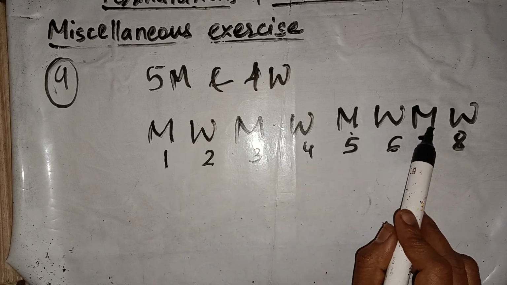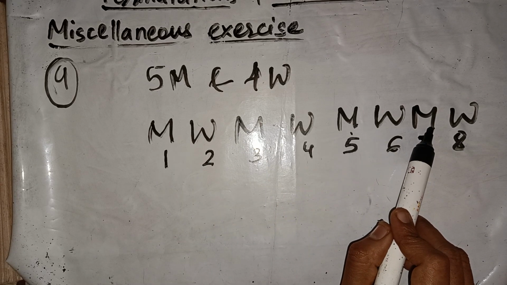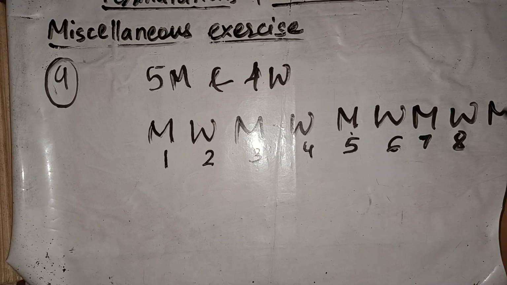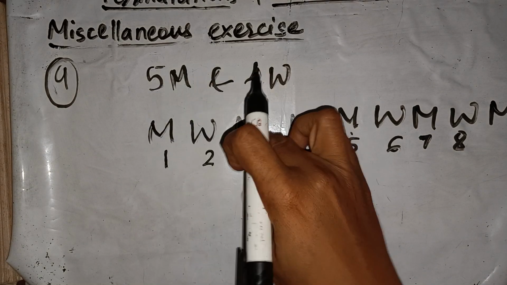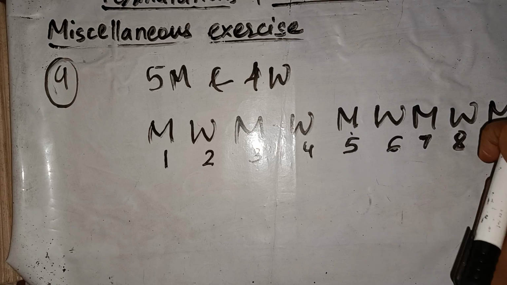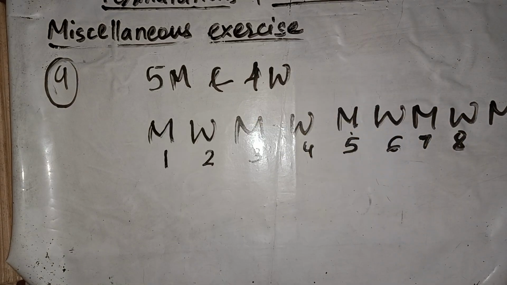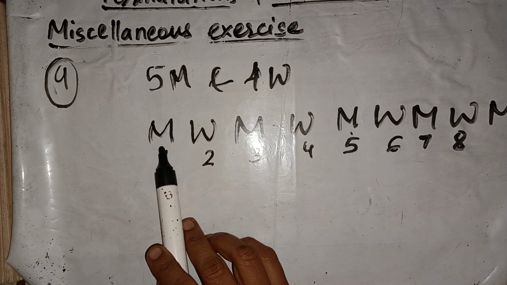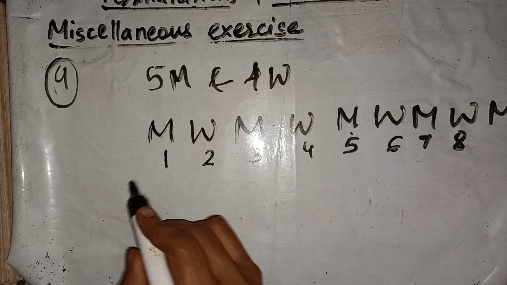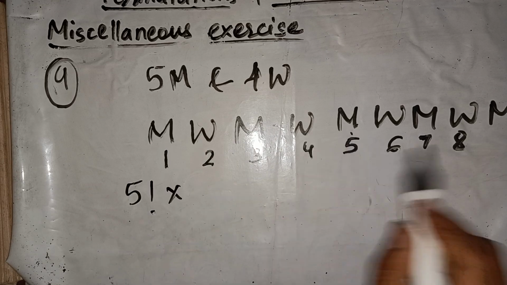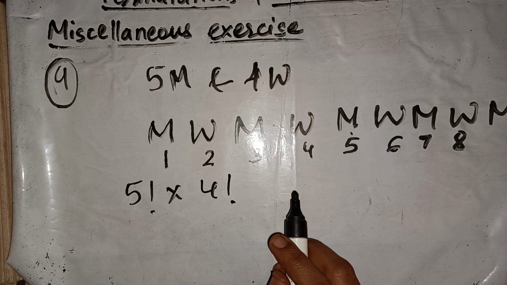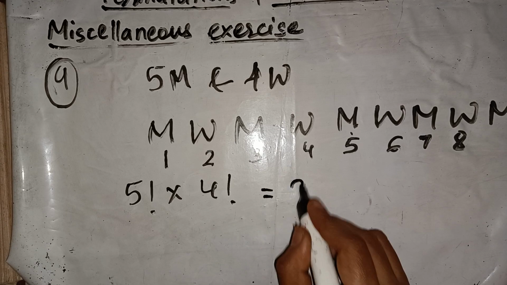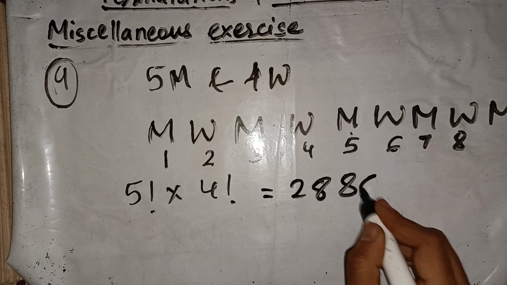Men can be seated in 5 factorial ways and women can be seated in 4 factorial ways. It is around 2880.